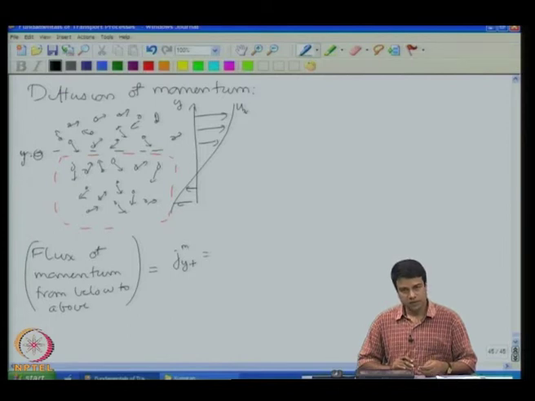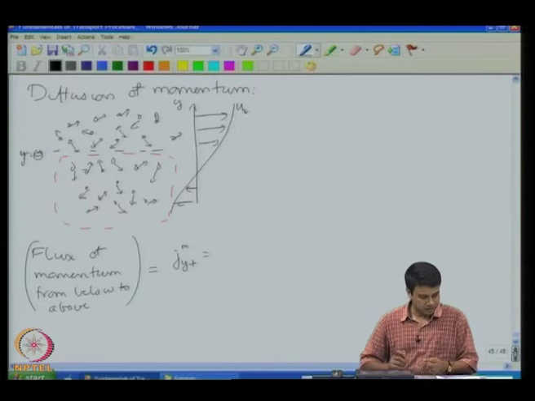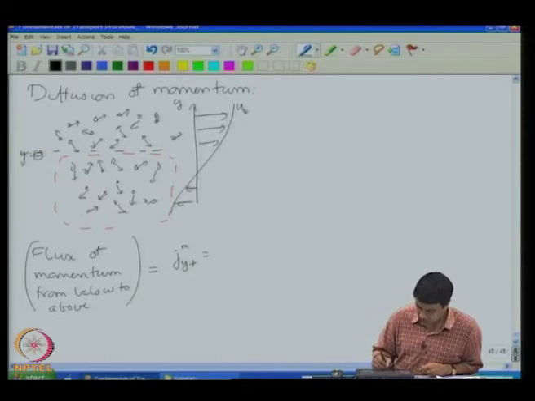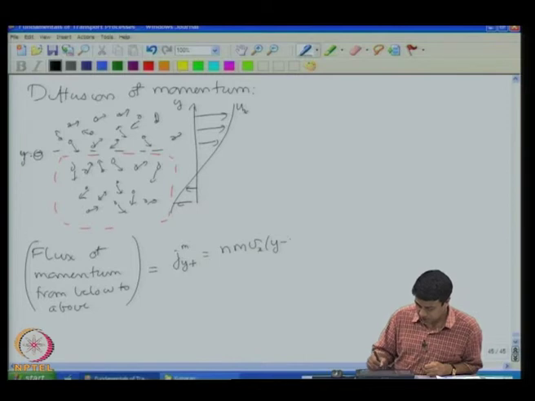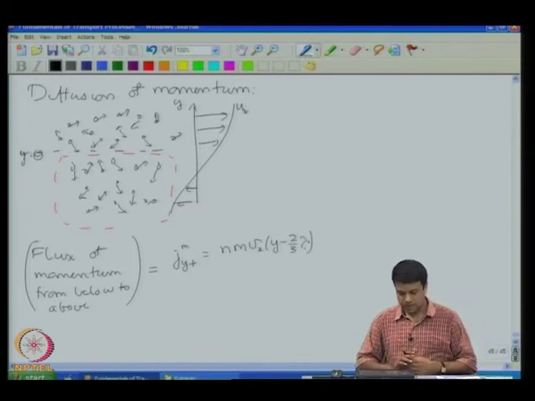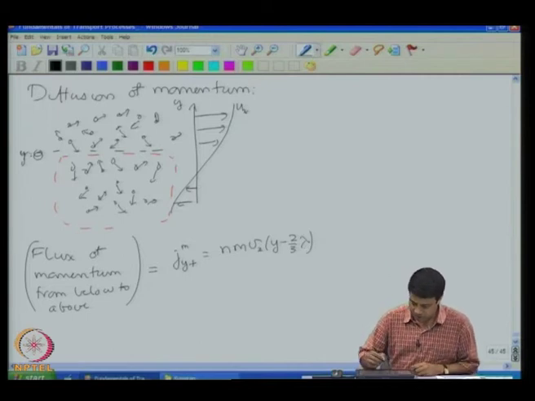So, the average momentum of the molecules below this surface is going to be equal to the number of molecules times the mass of a molecule times Ux at y minus lambda. I have to be careful here.